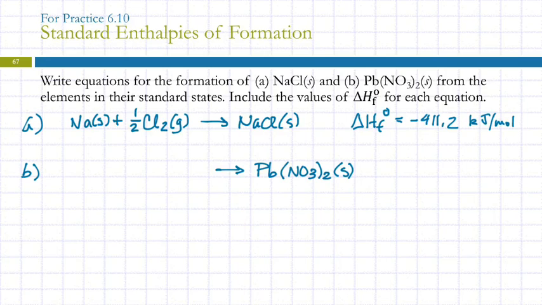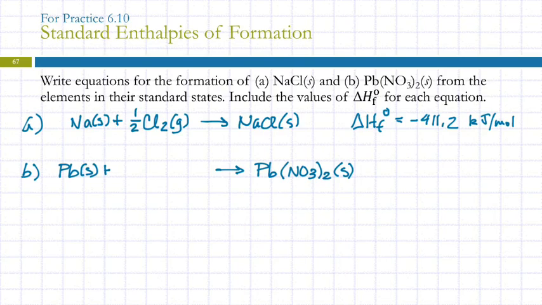Okay, there's 3 of them. So we're not taking this and splitting it into ions. We're starting with elements. So we've got Pb. What do you suppose the standard state for that is? Solid. All the metals except mercury are going to be solids at room temperature.